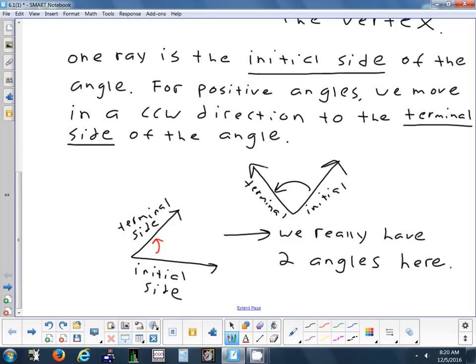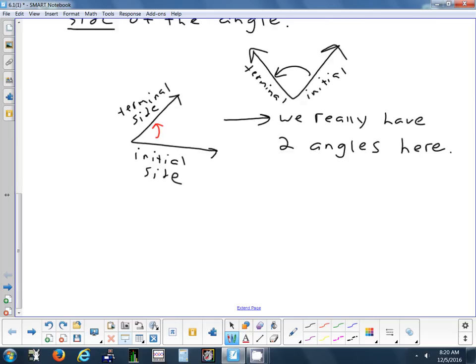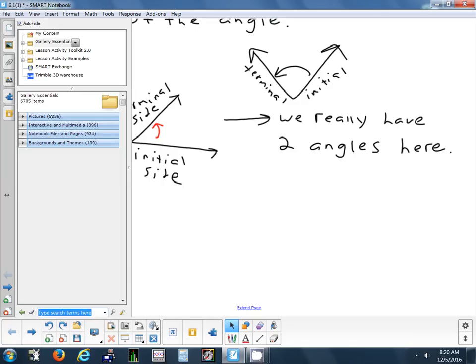So you might see a problem in the homework either tonight or tomorrow that says they want you to draw an angle where the terminal side goes through the point (0, 5) or (0, 7) or something like that. Okay? If they give you a problem like that, what they mean is to do something like this.